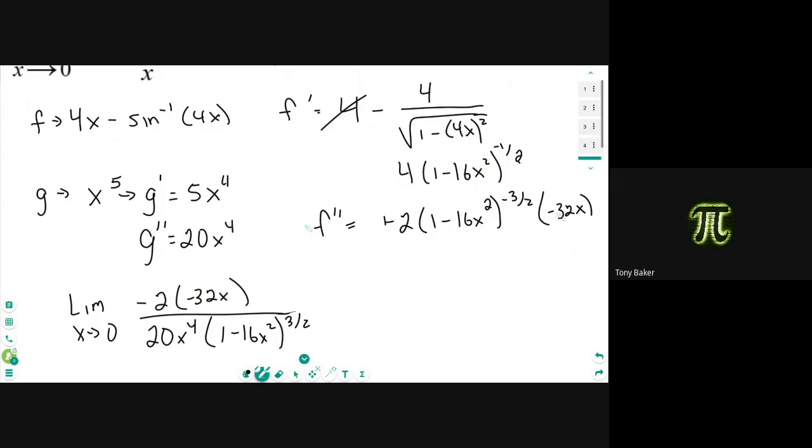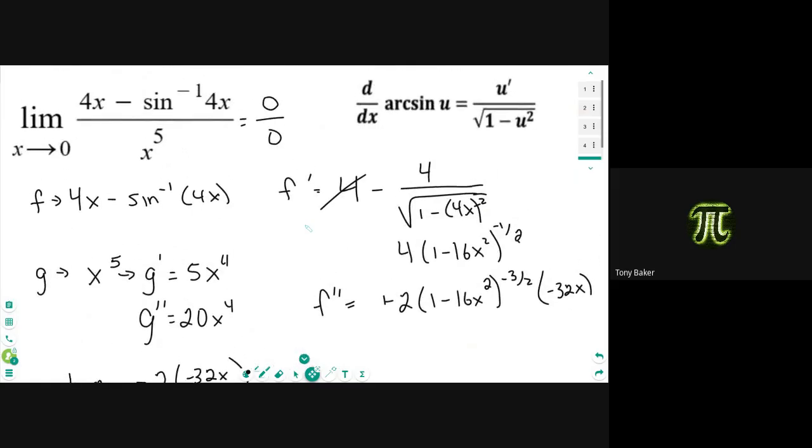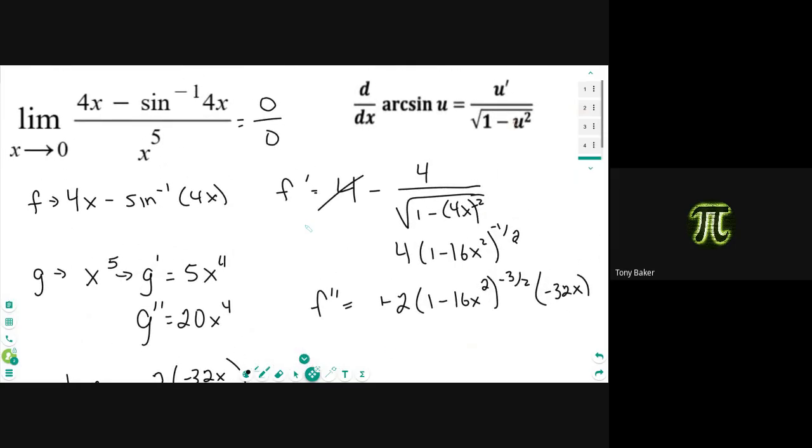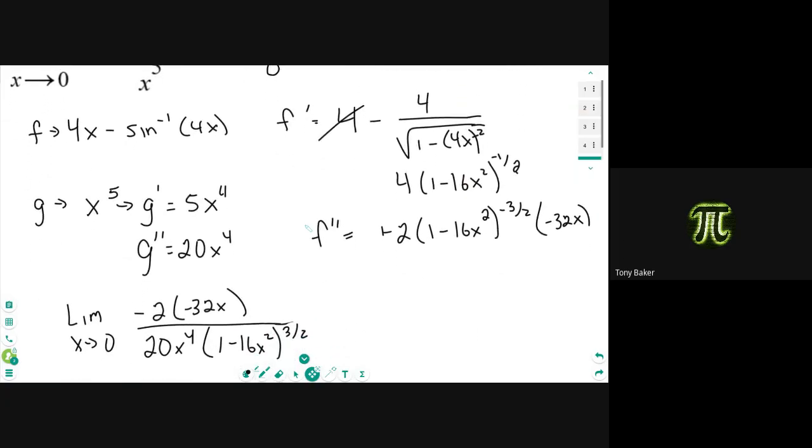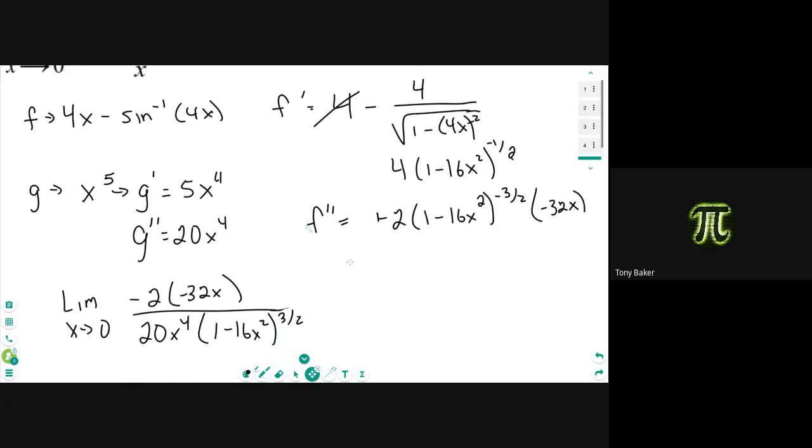Then why it went from one line? Oh, I just distributed the 4x squared. Because it's not 1 minus, it's just that 4x squared. So I just changed the 4x squared to 16x squared. Okay. Yeah, I made my life a little easier.